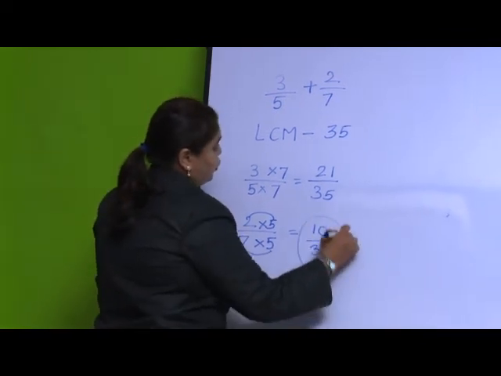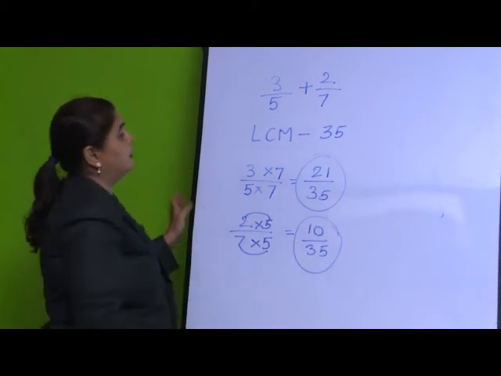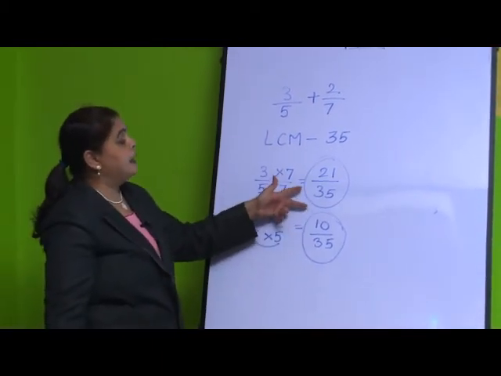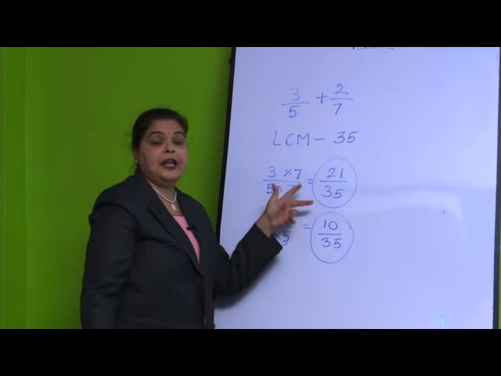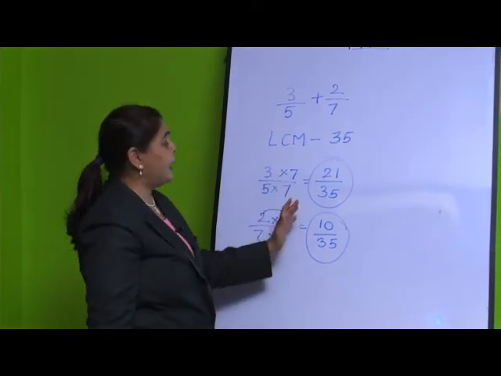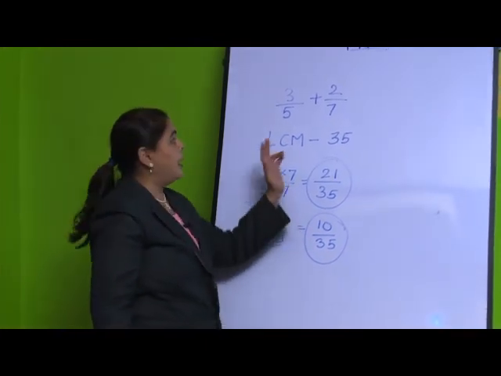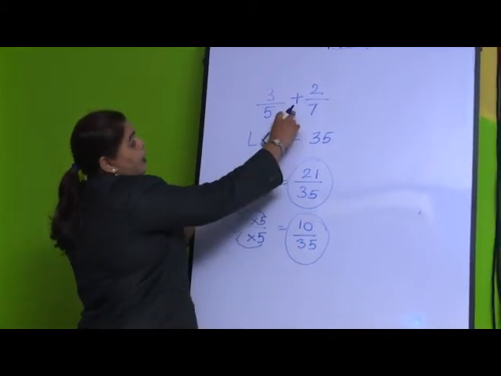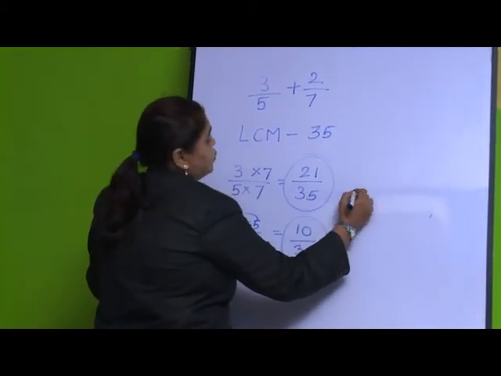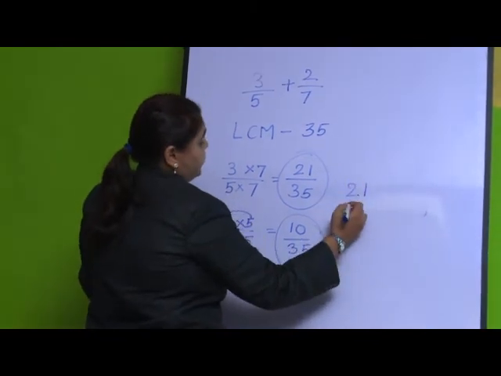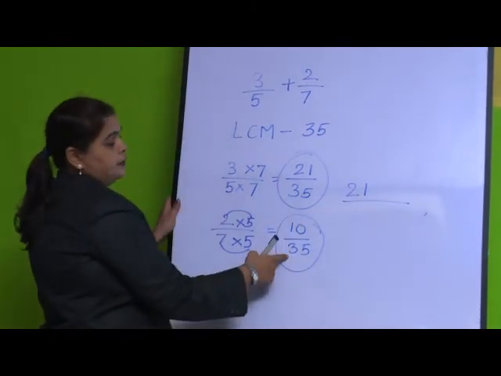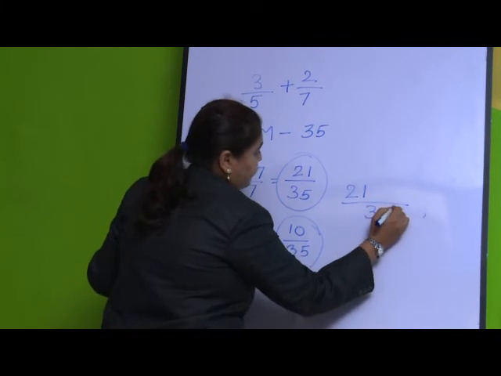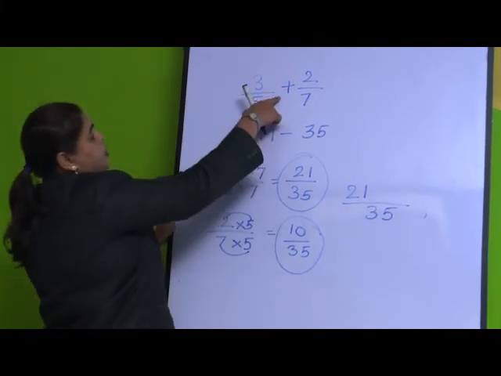Now, both the denominators of these given fractions are the same, or I can say in short, I got like fractions. So, I can do any operation, that is addition or subtraction. Now, we are having addition here. So, we will add. Our common denominator is 35. Yes, we will write 35 here. Operation is addition.